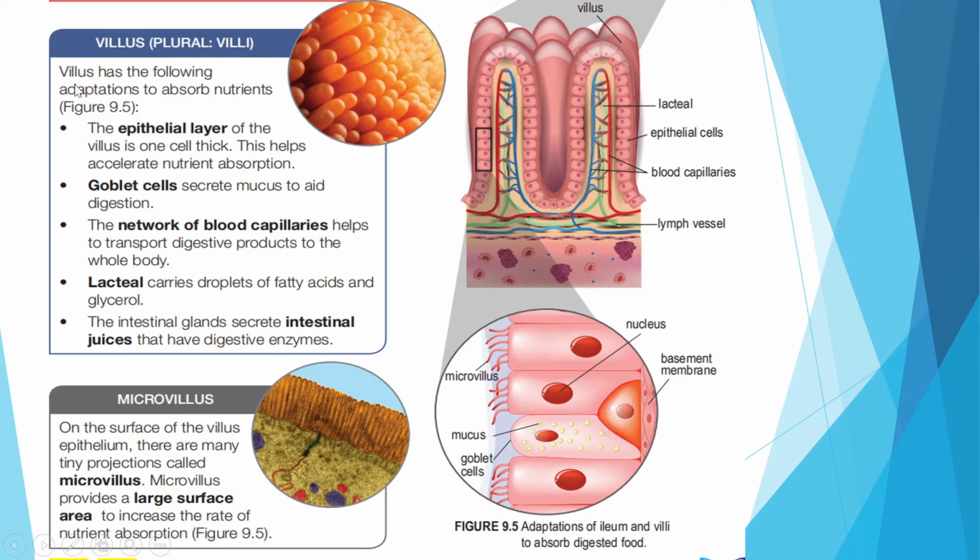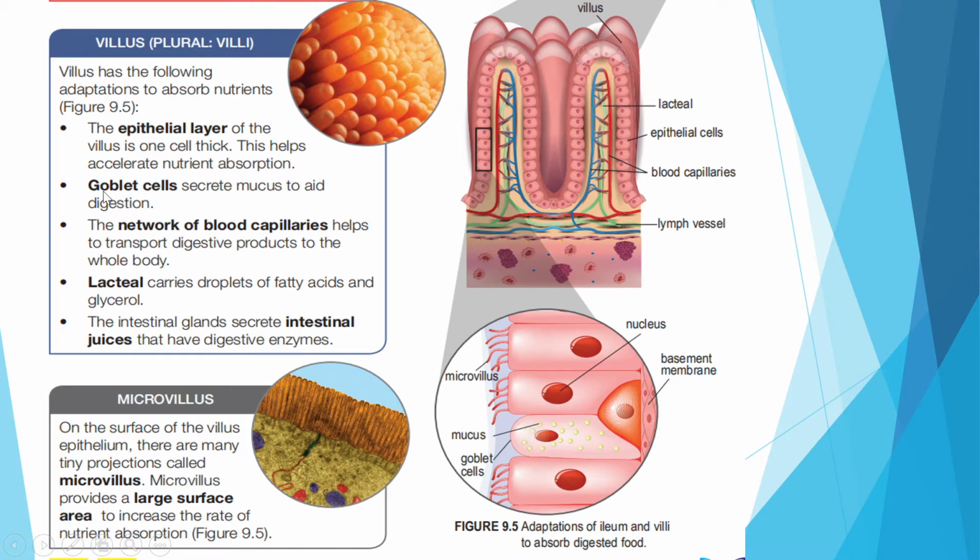Okay, so the villus has the following adaptations to absorb nutrients. It has to be very thin, otherwise nutrients will have to pass through a very thick region, which is not efficient, isn't it? How thin? You say 1 cell thick. This helps to increase the rate of nutrient absorption.